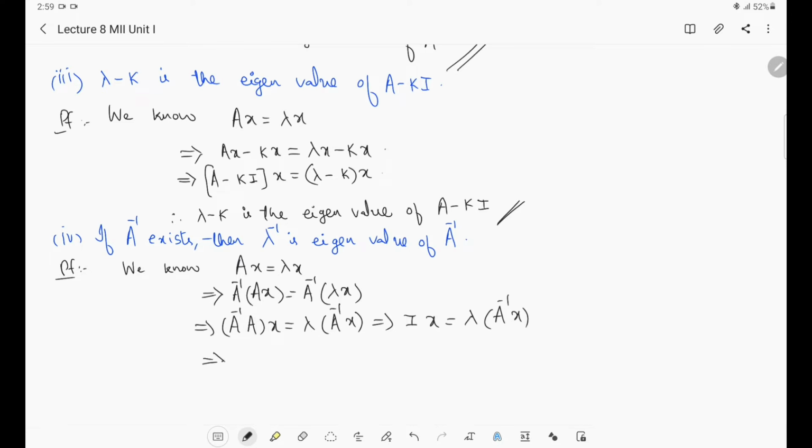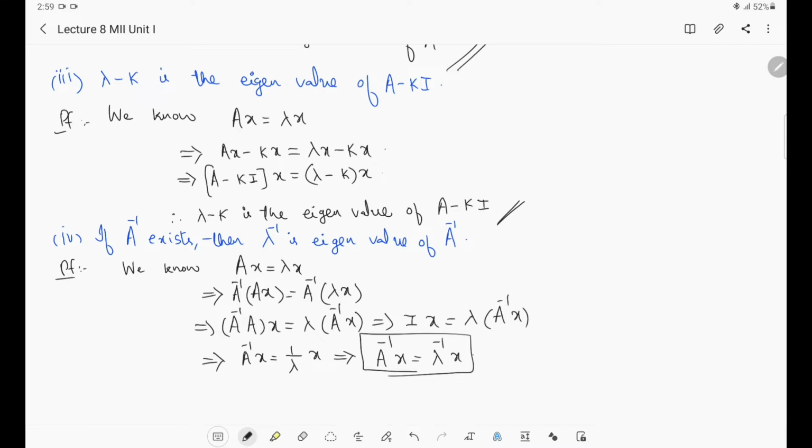So further, what will happen here? See, I into x is nothing but x only. Here what will remain? A inverse x. I'm starting from the right hand side. A inverse x equals, now you take this lambda this side, then we'll get 1 by lambda into x. So further simplification will give us A inverse x equals 1 by lambda, which can be written as lambda inverse into x, right?